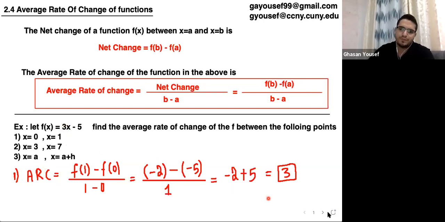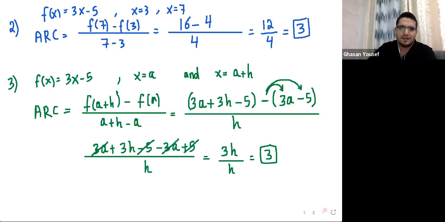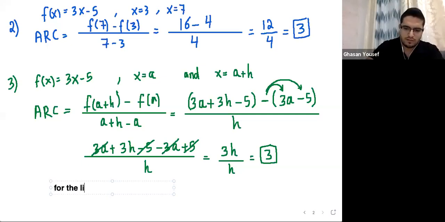The average rate of change is the same as the slope. So here I can say the average rate of change is constant for the linear function.